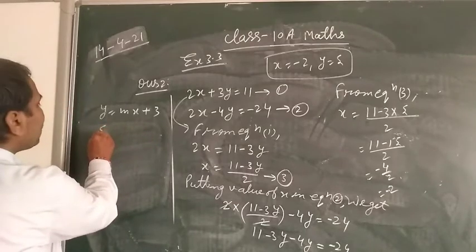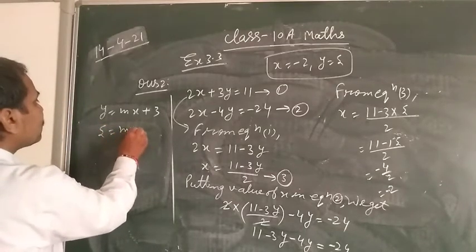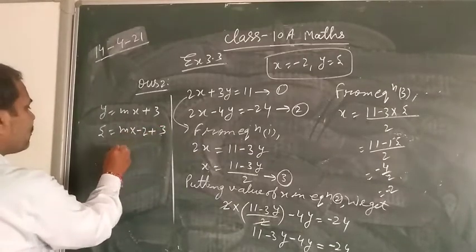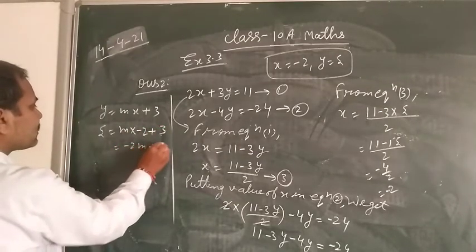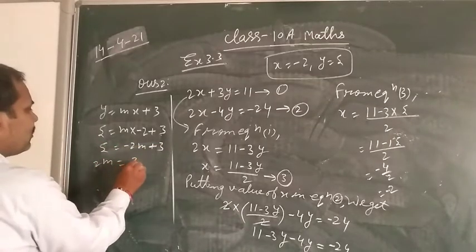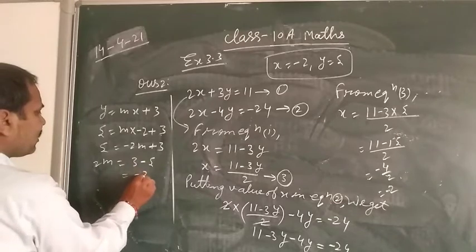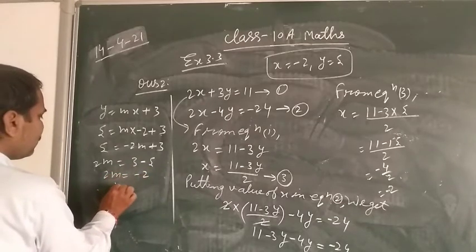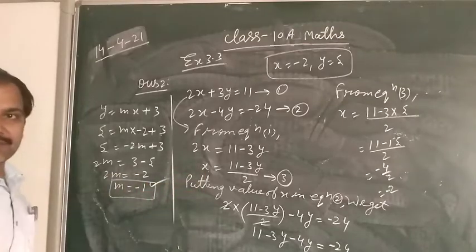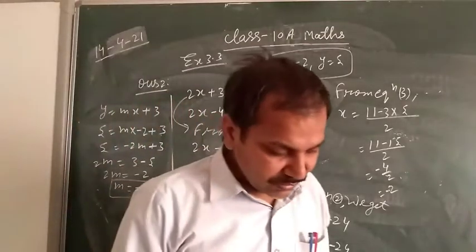So y is 5, equal to m into minus 2 plus 3. So minus 2m, transfer this side. So 3 minus 5, minus. So m is equal to, divide by 2, minus. Okay, so this is the value of m.